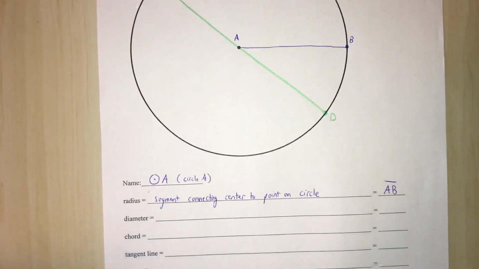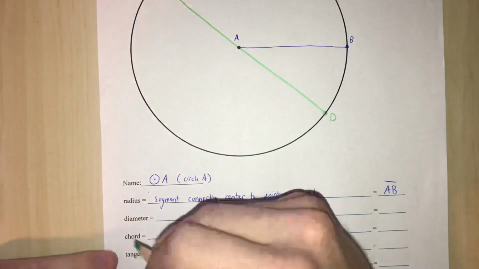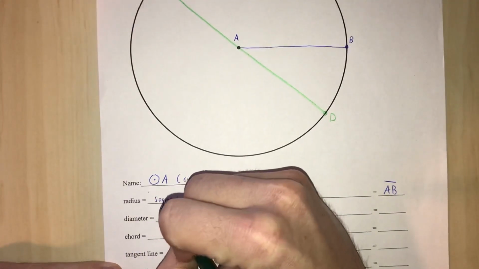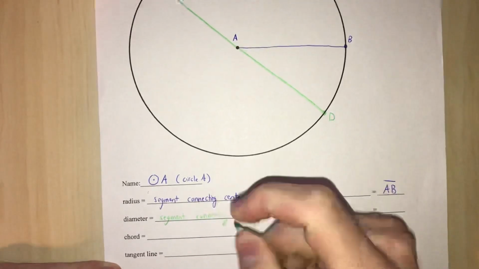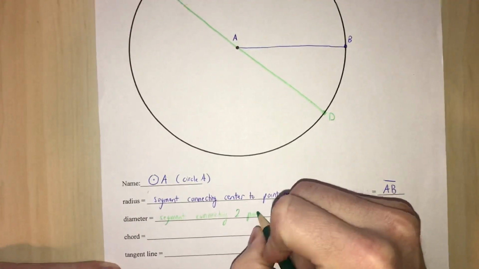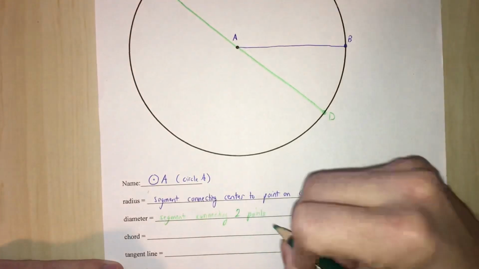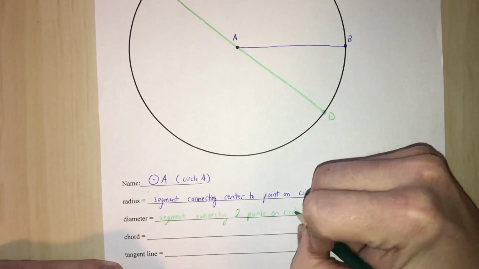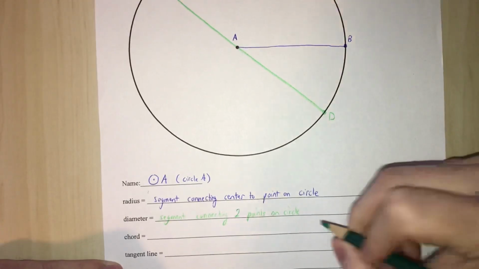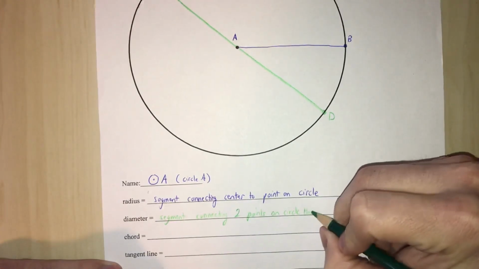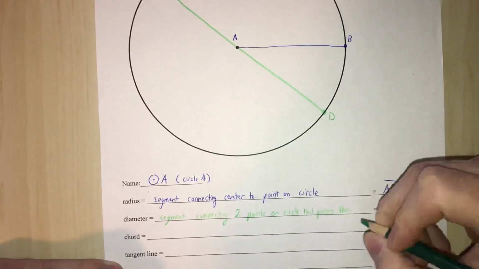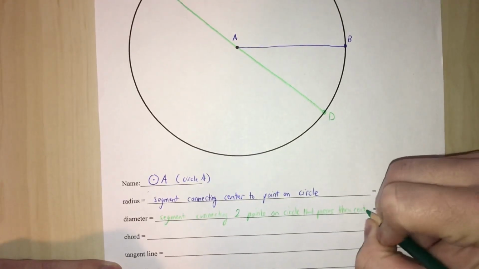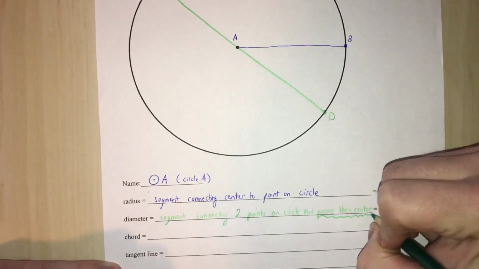So the formal definition of a diameter, and I'm going to write in green: a segment connecting 2 points on a circle that passes through the center. That's the biggest thing.